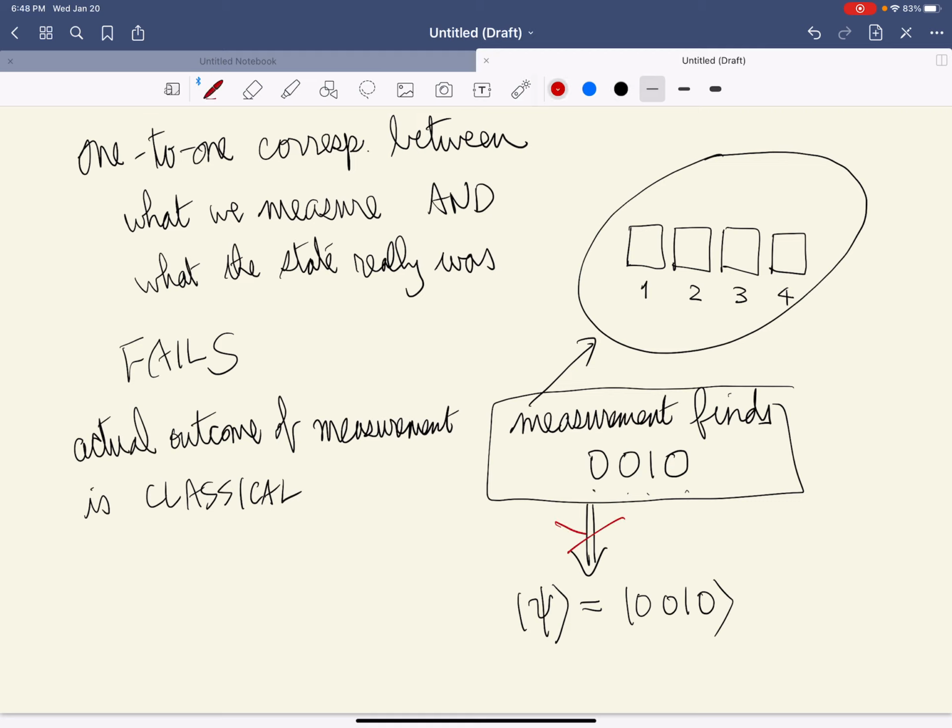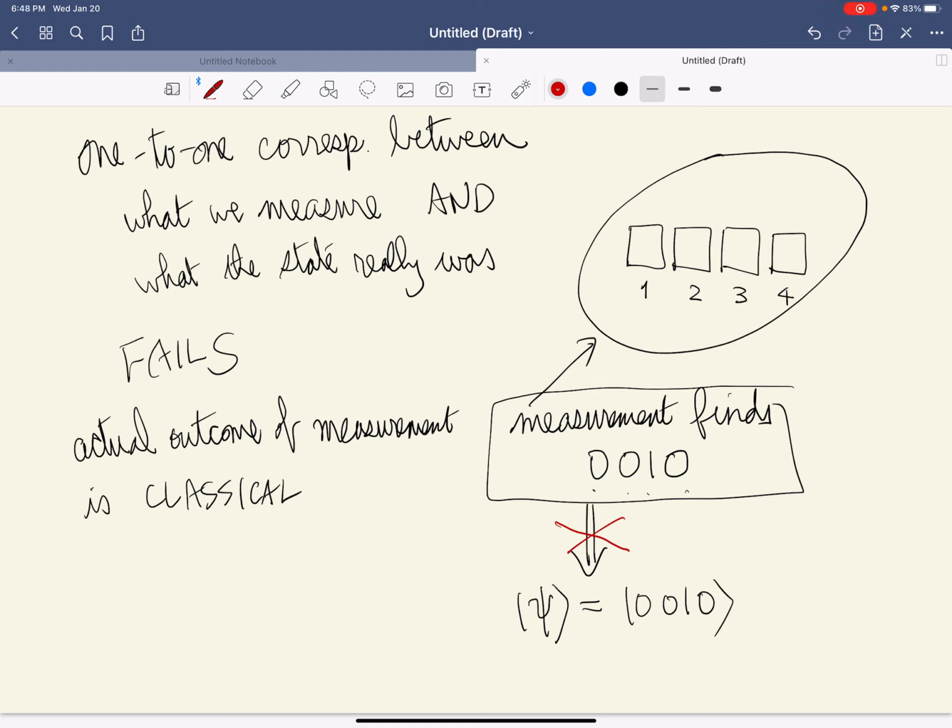Okay, this simply does not hold. For a classical computer, this is complete nonsense, right? If you measured a 0010 on a classical computer, you can be certain with 100% confidence that the classical computer itself was in a state of 0010.